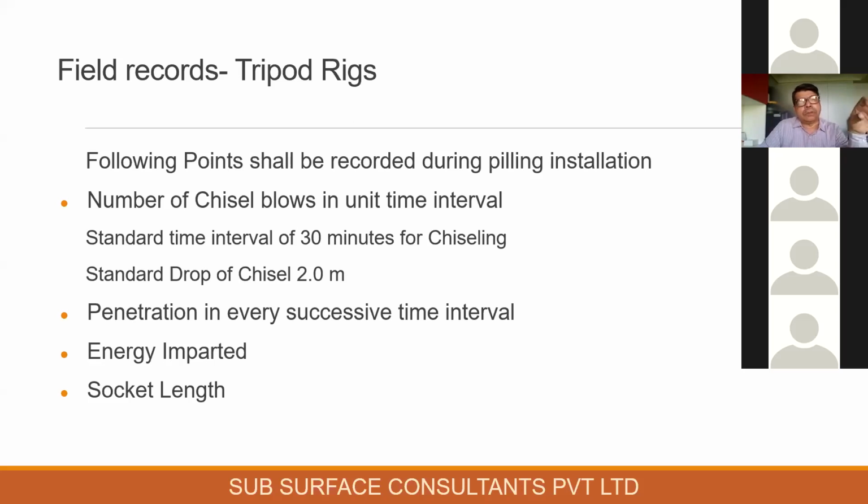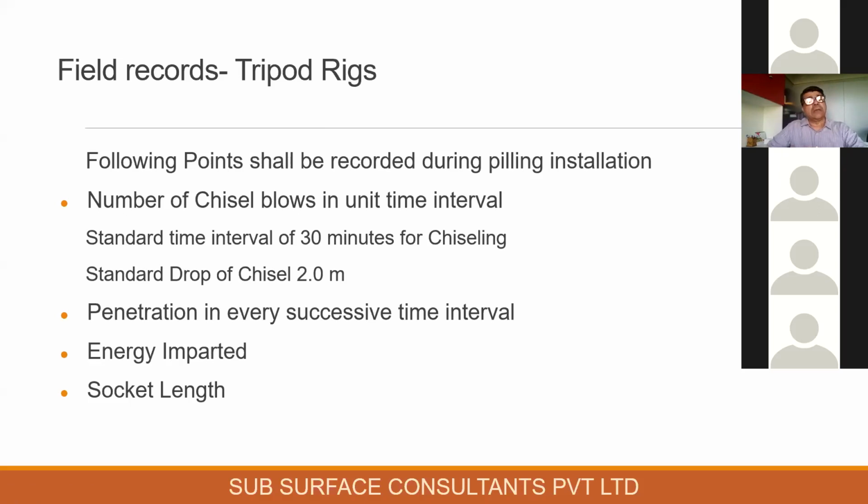Typically, for convenience in the field, a standard time interval of 30 minutes has been taken as the standard unit traditionally. Why 30 minutes was chosen, I don't know. This has been there even before I started. When I became an engineer, it was already in practice. So it must be a convenient time duration for field engineers to measure and also have significant progress.